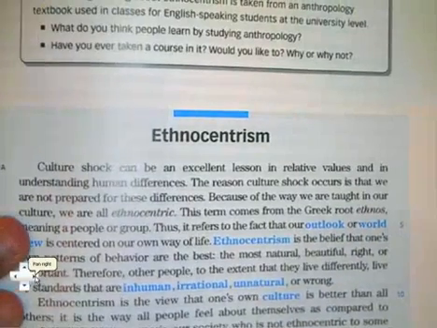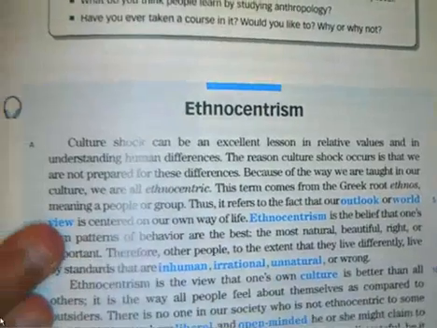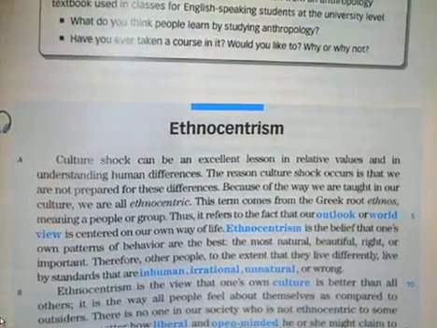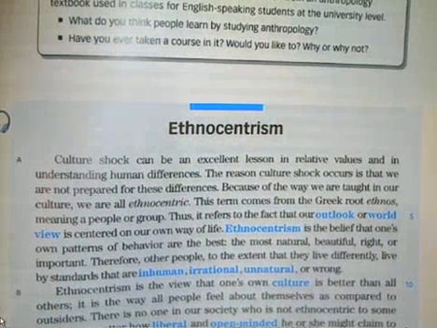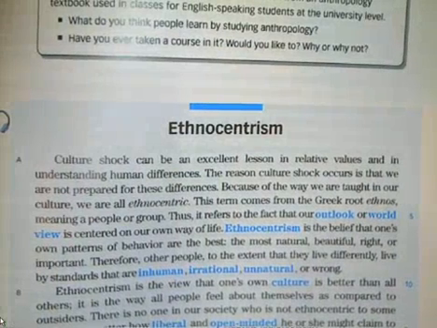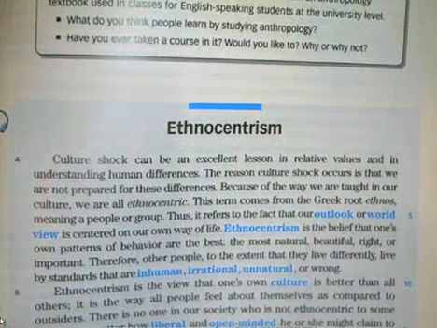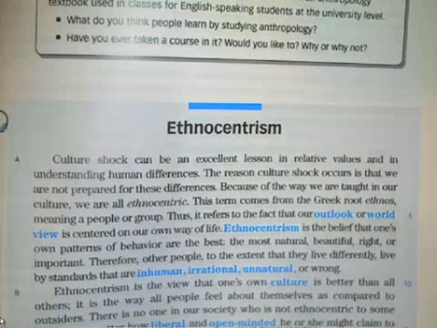Culture shock can be an excellent lesson in relative values and in understanding human differences. The reason cultural shock occurs is that we are not prepared for these differences because of the way we are taught in our culture. We are all ethnocentric.